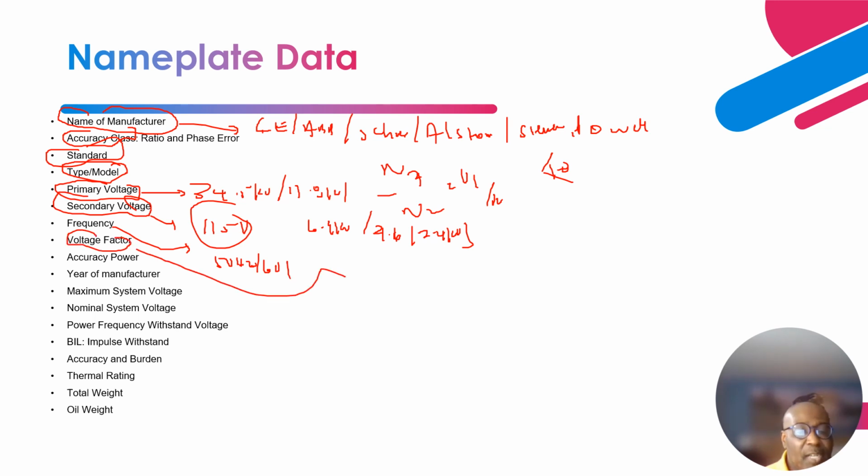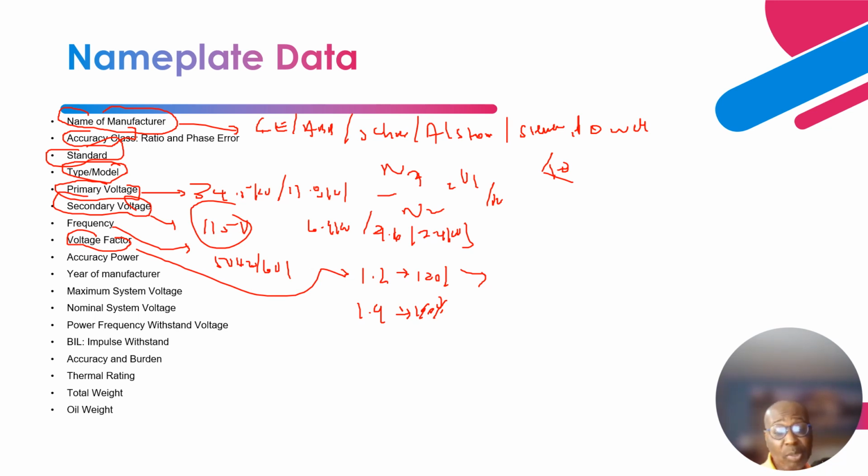Okay, so the voltage factor basically tells you how much overvoltage operation, let's say during emergency conditions, if you want to exceed an overvoltage condition, let's say 1.2, which equals 120%, or 1.9, which equals 190% of the nominal voltage, how long you can operate in that condition without exceeding the thermal limits of the voltage transformer or the potential transformer.